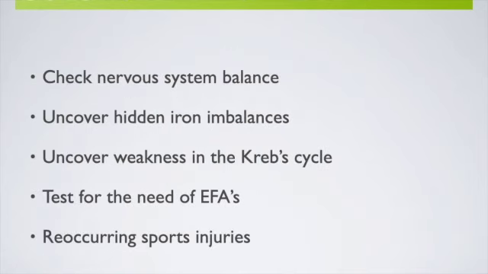So why would we use this? Well, it's helpful to find imbalances in the nervous system, for one thing. If a group of muscles weakens on one side, or one particular muscle weakens on one side of the body, but doesn't on the other, that's an indication that there's an imbalance in the neurology. The anaerobic and aerobic testing can uncover numerous underlying nutritional deficiencies that won't show up with just standard muscle testing.